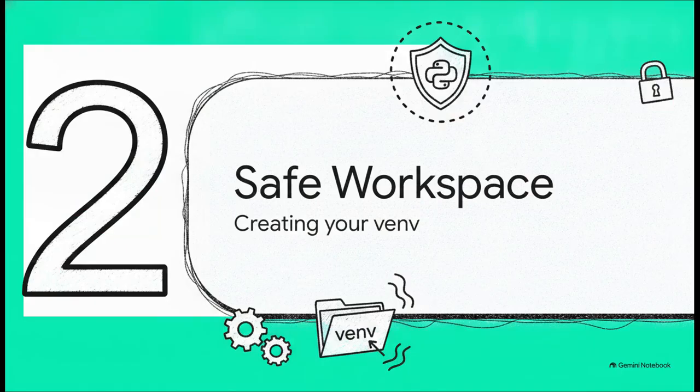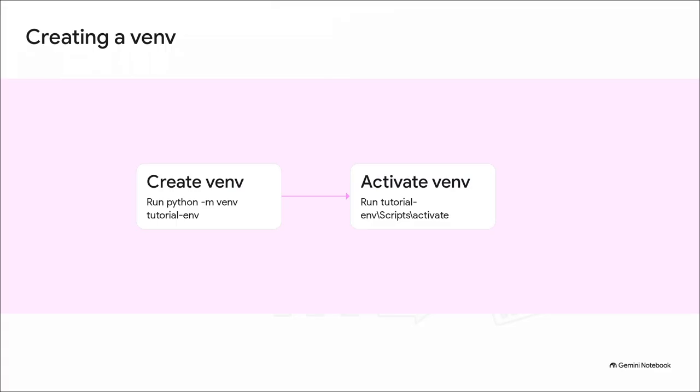Moving right along to Section 2, creating your safe workspace. Now that we know the why, it is time to actually build that self-contained directory, which we call a venv. And this brilliantly illustrates how simple it actually is. Here are the exact 2 steps you need. Step 1 creates the environment. You just run python -m venv tutorial-env.